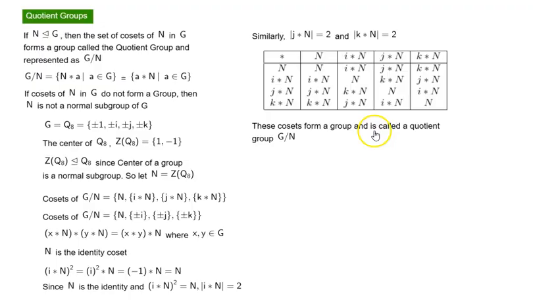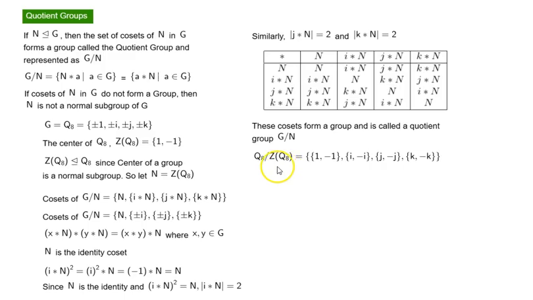These cosets form a group and is called a quotient group, G slash N or G by N. Now here you can go through this and verify that this actually forms a group by looking at the closure property, associativity, existence of identity and existence of inverses.